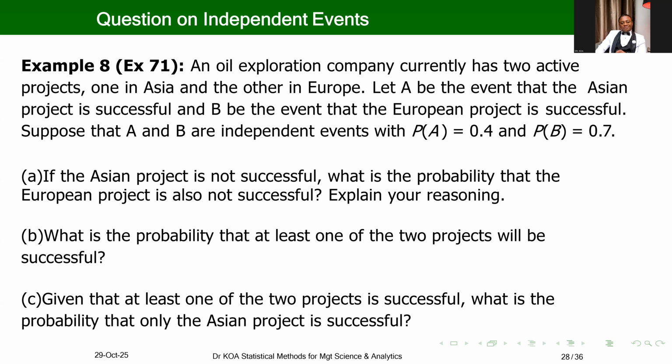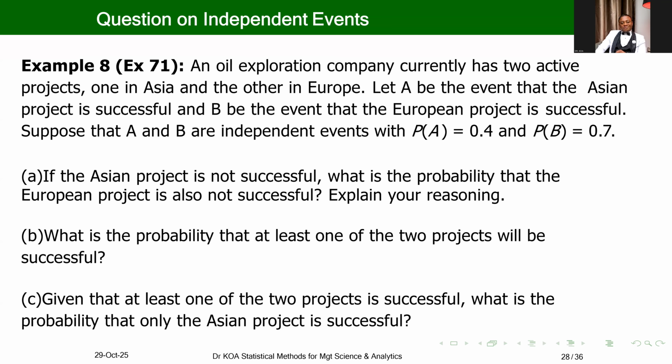First of all, the 2 events, are they dependent or independent? From the information, they are independent events. What makes you say that? Because it says suppose that A and B are independent events. Good, it's clearly there.